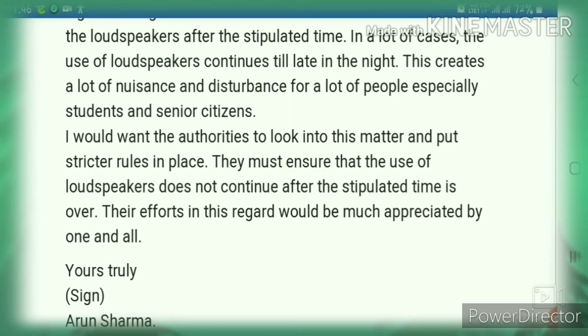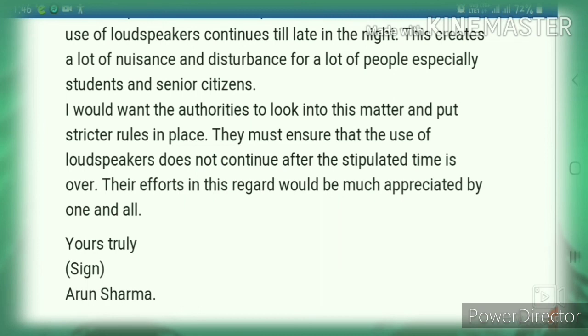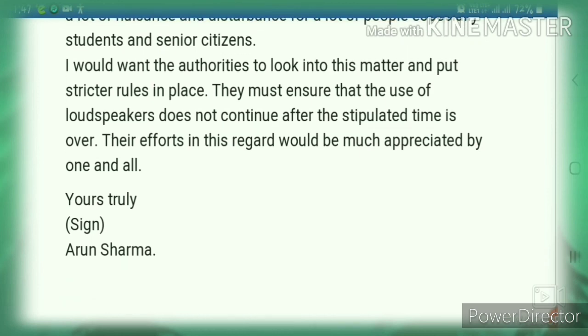They must ensure that the use of loudspeakers does not continue after the stipulated time is over. Their efforts in this regard would be much appreciated by one and all. So, here we are requesting the authorities to have a look at this matter and to solve this problem.